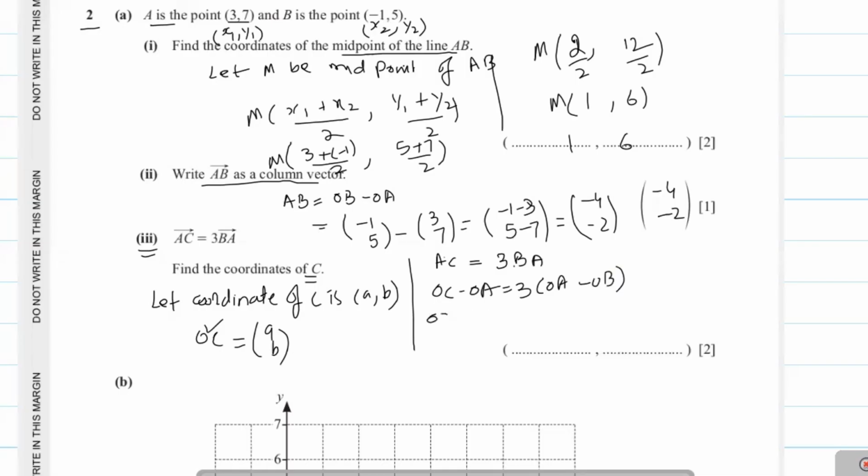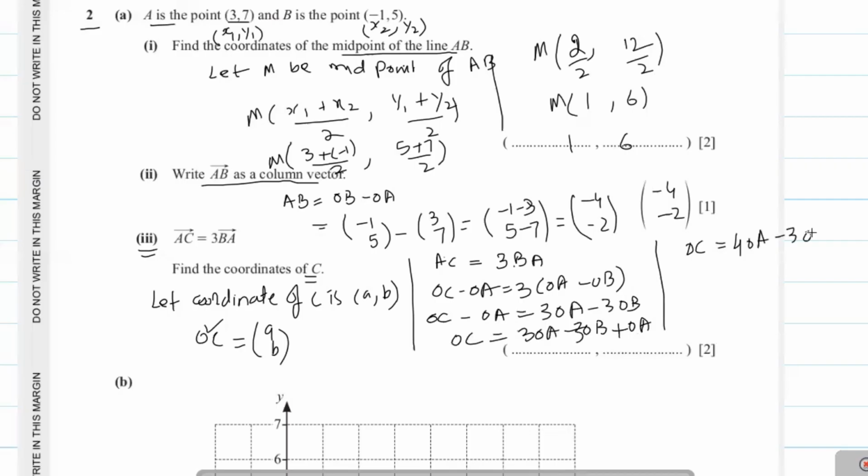So OC minus OA equals 3OA minus 3OB. And we shift the minus OA from left to right side, it becomes plus OA. OC will be equal to 3OA plus 1OA, which is 4OA minus 3OB.